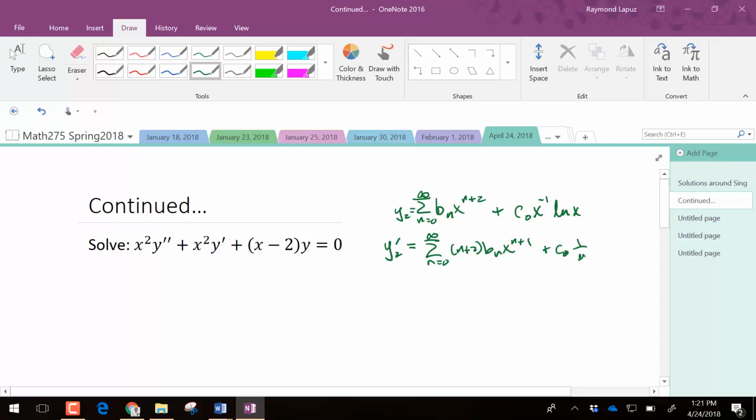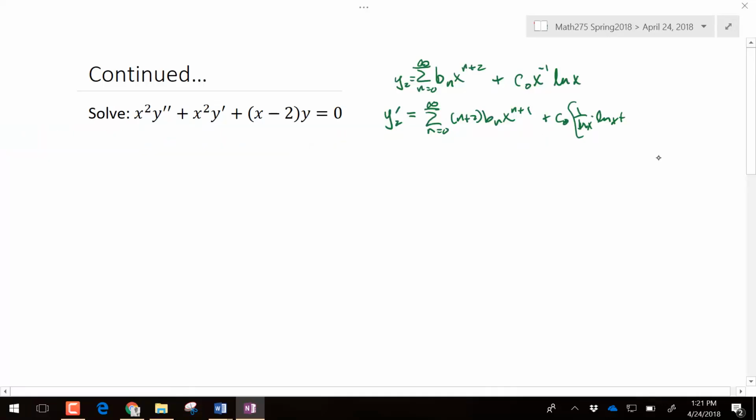So 1 over ln x times ln x, plus the first, 1 over x, times the derivative of the second. Wait, the derivative of 1 over, no. Negative, right?